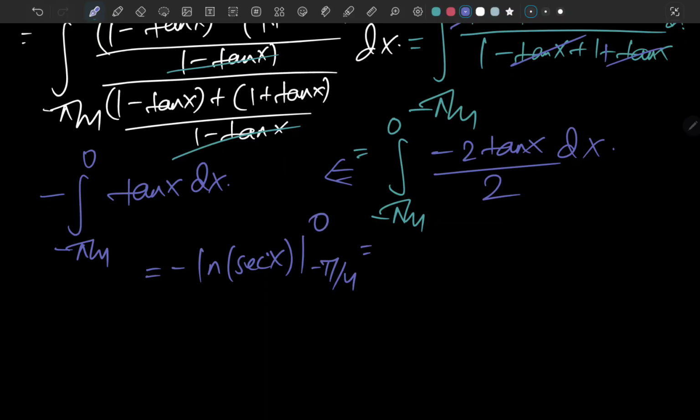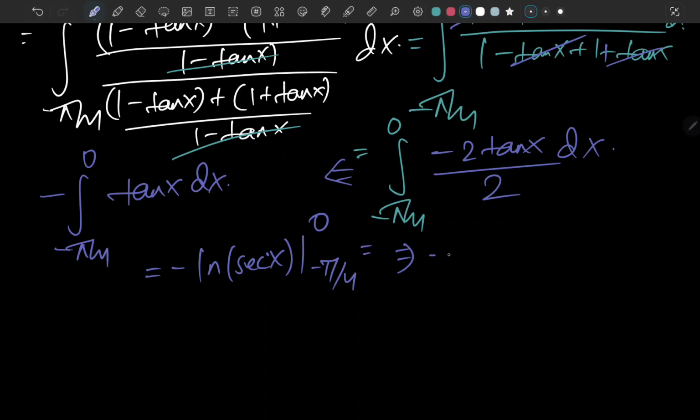I think I did somewhere mistakes. I'm having some sort of trouble with that. Or else should I continue? I think it's correct. Let me just check it. Sorry, secant 0, not ln 0.